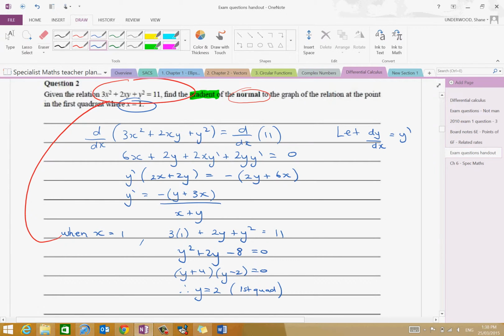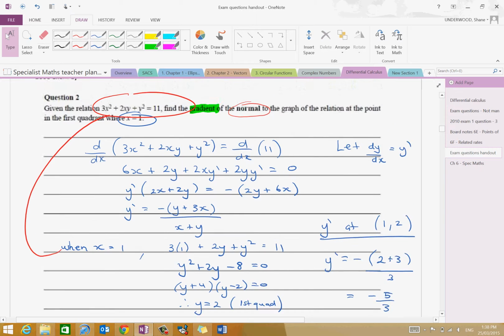So we want y dash at (1, 2). We just sub that in: y dash is equal to minus (y plus 3x) over (x plus y), which is minus (2 plus 3) over 3, which is equal to negative 5/3.